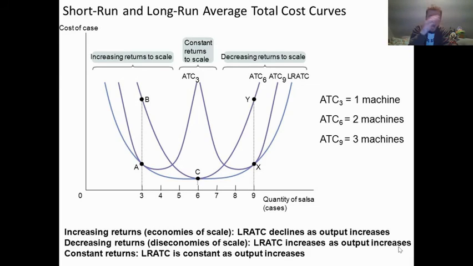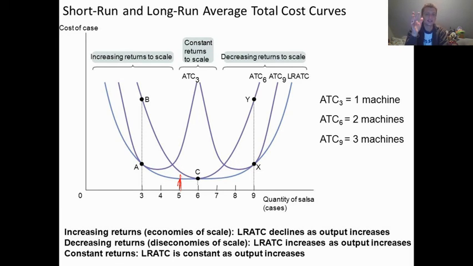So if we're thinking increasing returns to scale, it is the downward sloping part of the LRATC again. So if you mark it off here, it's really about until a quantity of 5 on this graph is increasing returns to scale. It's the same idea as economies of scale, just different terminology.